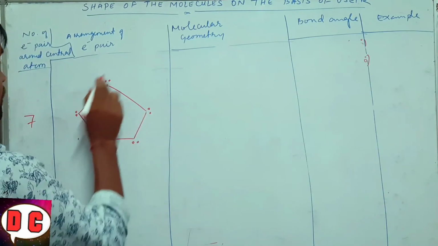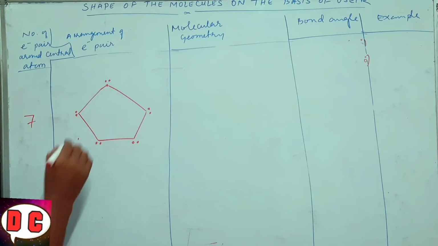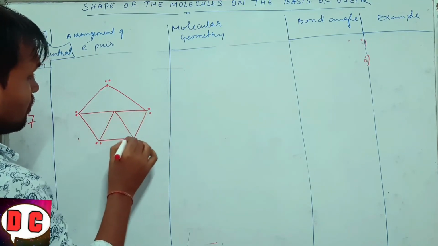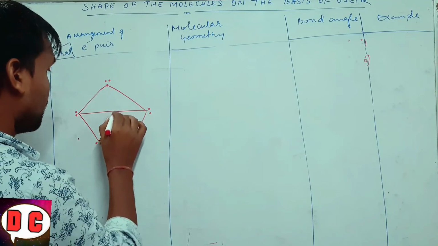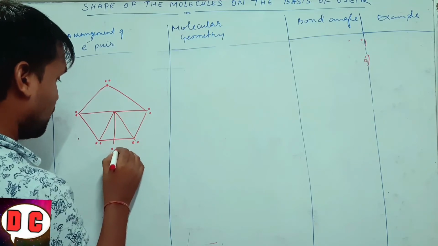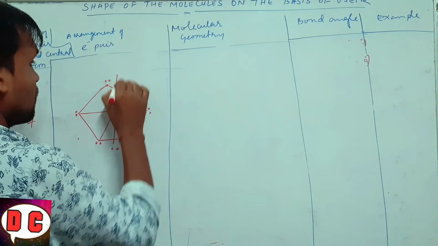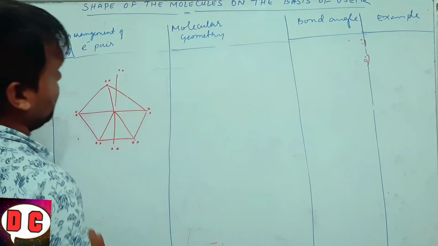One, two, three, four, 5. 5 electron pairs are already there. Now 1 will be here, 6, and 1 will be like this.